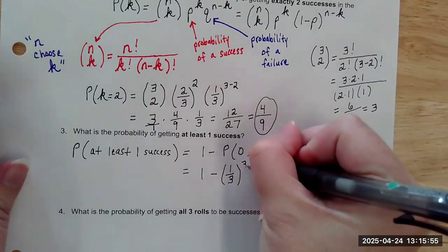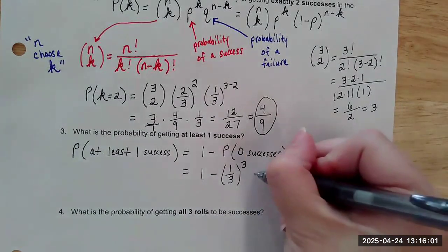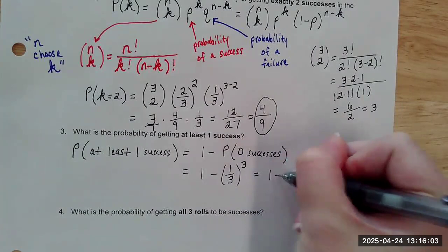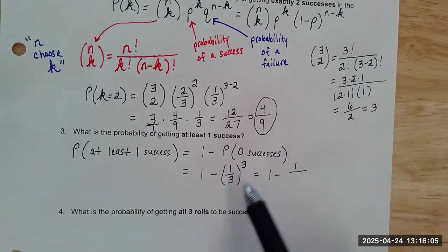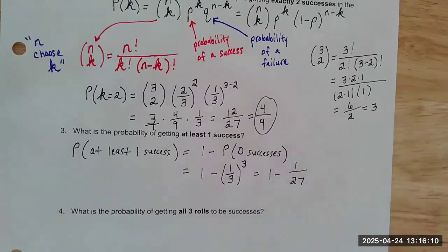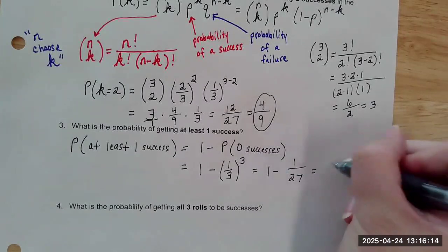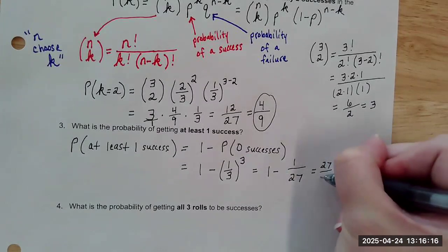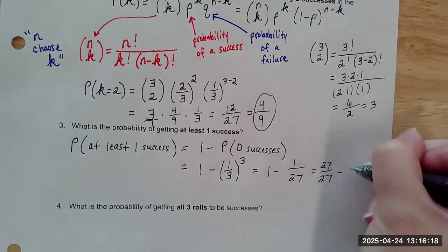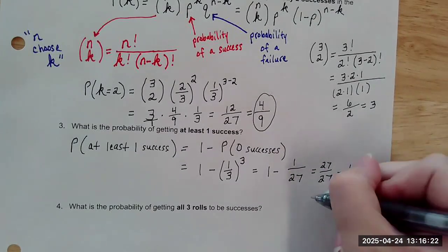So it's 1/3 to the 3rd power is how we write that one. So this would be 1 minus 1 over 3 times 3 times 3 is 27. So I could rewrite that 1 as 27 over 27 minus 1 over 27. That's going to give us 26 over 27.